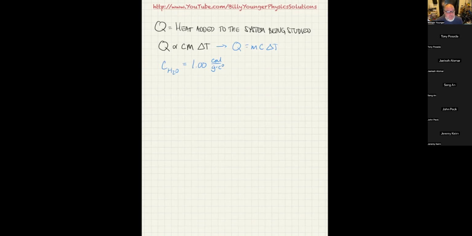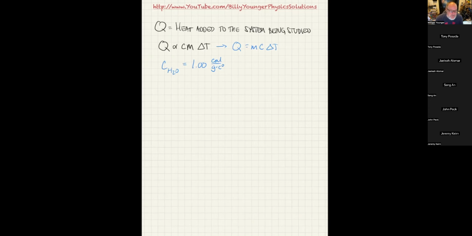That difference could be 38 Celsius minus 37 Celsius, or it could be 52 Kelvin minus 51 Kelvin. Both are equally acceptable because the change of one degree Celsius is the same as a 1 unit change in the Kelvin system. Okay.